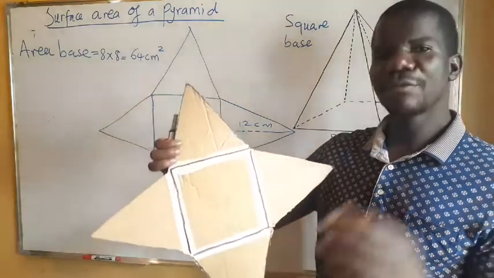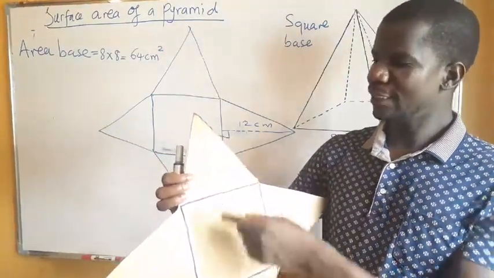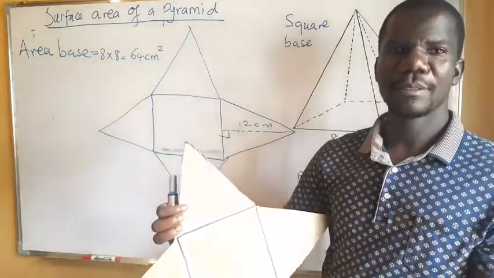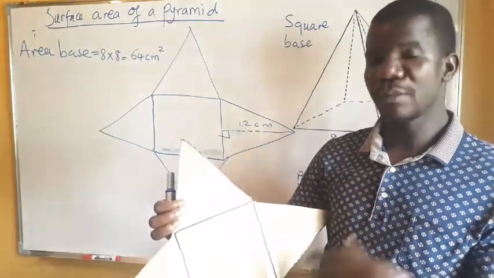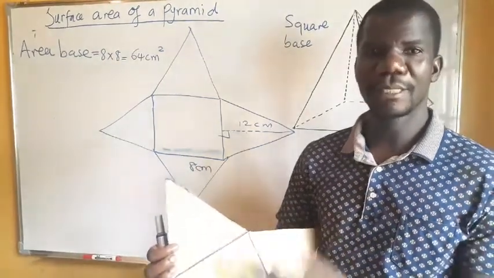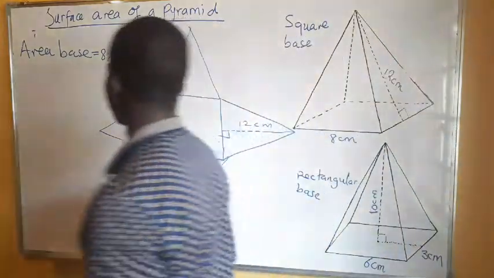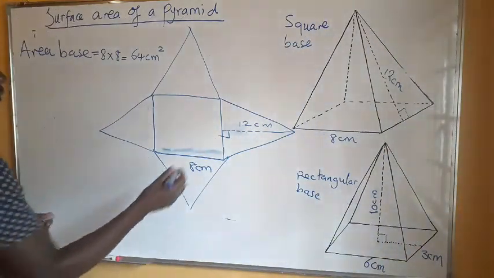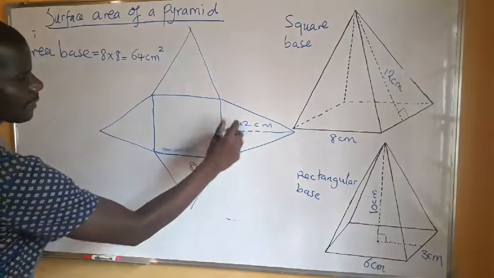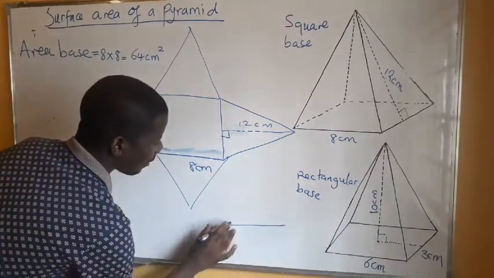So when we find the area of one triangle, we know that even this one has the same area, even this one. So we multiply by 4 because we've got how many triangles? There are 4. I hope you're getting what I'm saying. You know that, let me get this triangle here. Maybe we are used to seeing triangles in this manner.